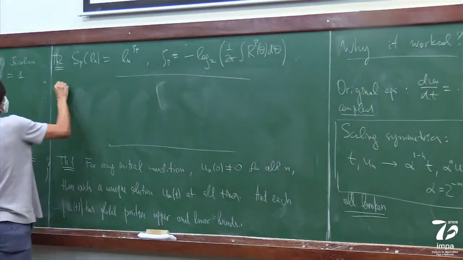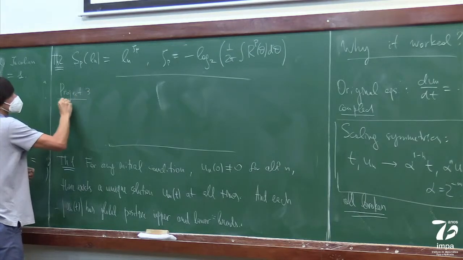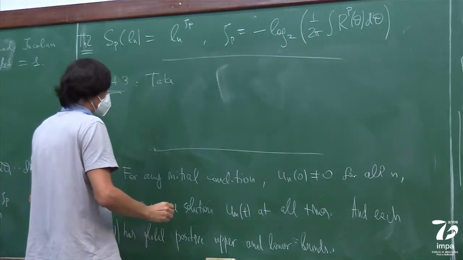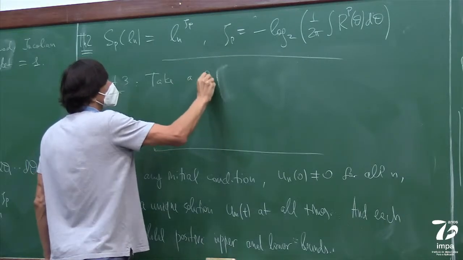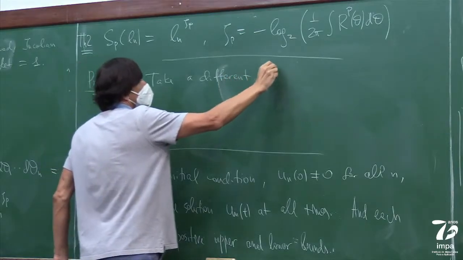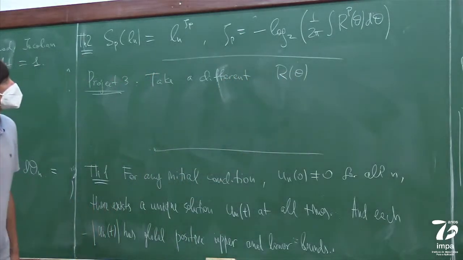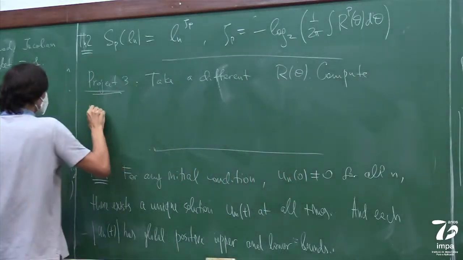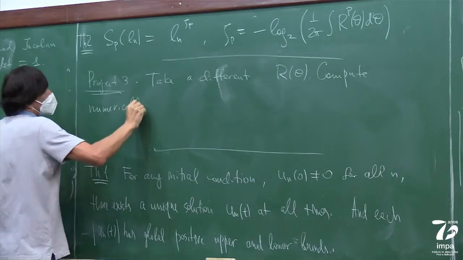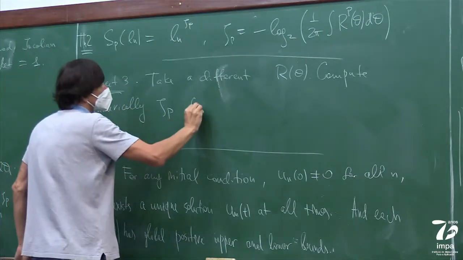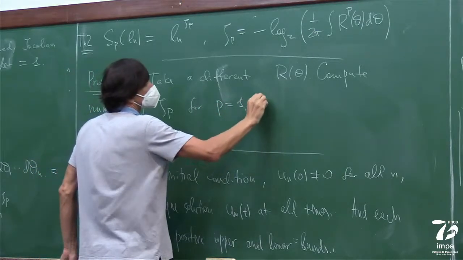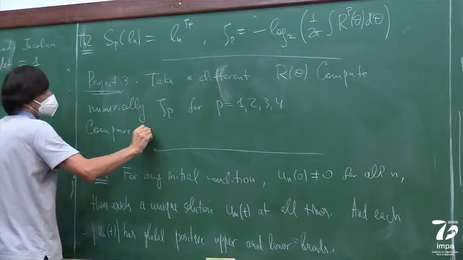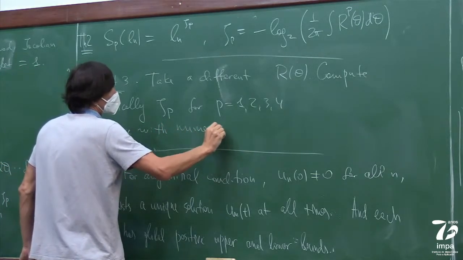So it will be project three. Take a different function r theta and compute numerically, or analytically if you can, zeta p for, let's say, p equal 1, 2, 3, 4, and compare with numerical simulations.